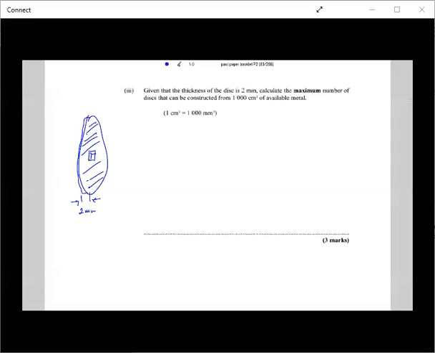Now, because it's a solid shape with a uniform cross-section, the volume is equal to A times H. The area is 1,350 multiplied by H, which is the thickness, which is 2. So this is 2,700 millimeters cube.